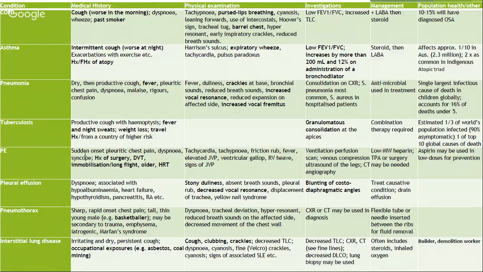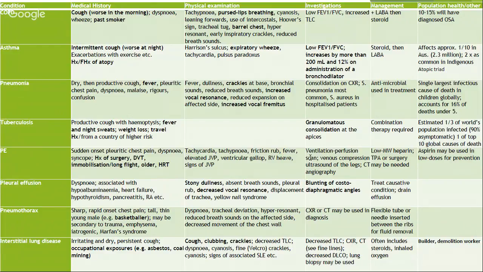It's usually pleuritic, so worse on moving, and there'll often be a history of some kind of clotting risk. So something like surgery increases your risk of clotting, a history of DVT, immobilization or a long flight, hormone replacement therapy, all of those can help contribute to make it more likely that someone's got a pulmonary embolism.